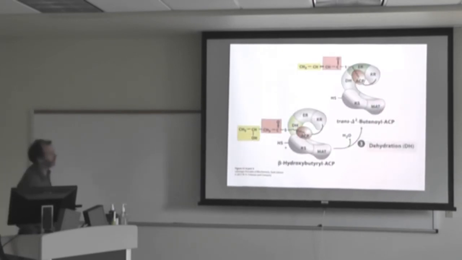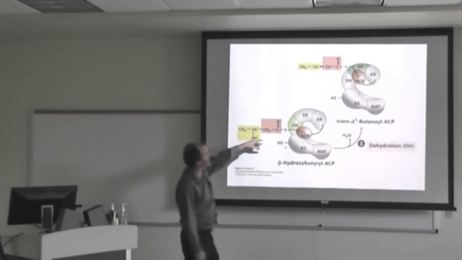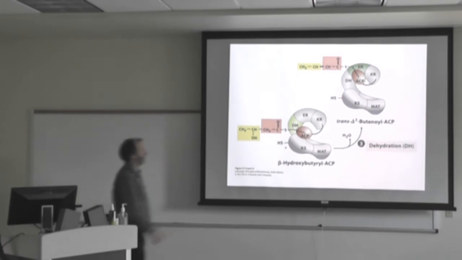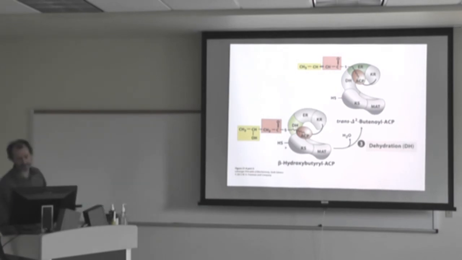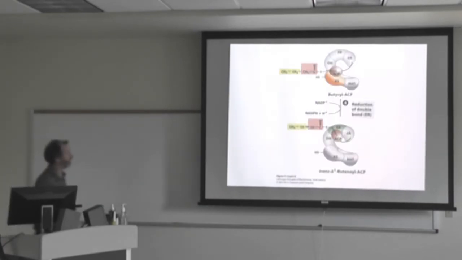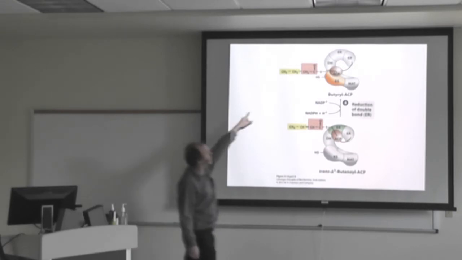Then we get dehydration to that ene group, the trans-delta butenoyl ACP, and it won't always be butenoyl. It depends on how many carbons are being added, or how many carbons it was added to. And then reduction again from that to the saturated fatty acid.